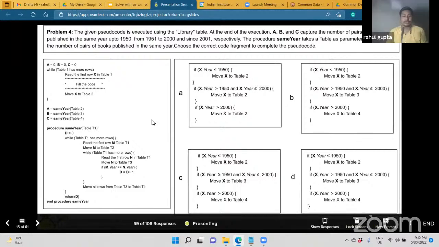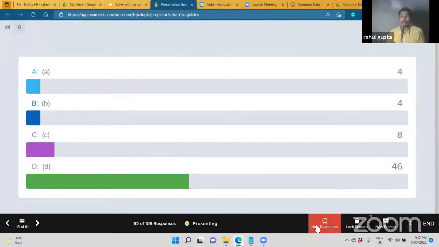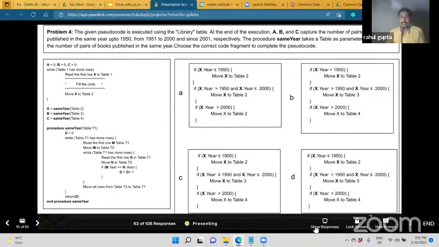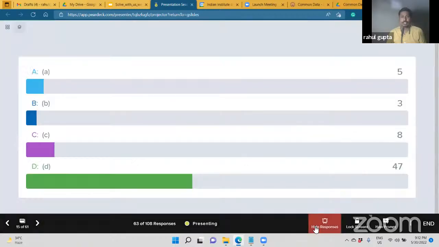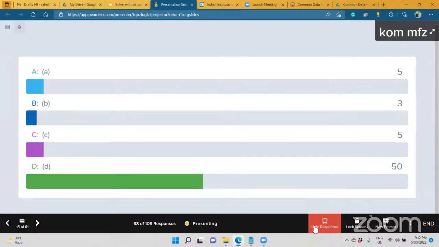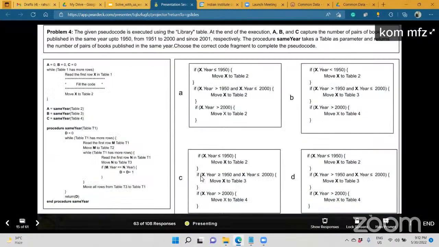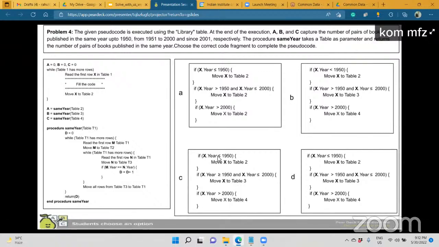Okay, so we'll go to option C. Who has chosen option C? Yes, sir. I have chosen. Subham, why? Sir, because A is table 2, B is table 3, and C is table 4.